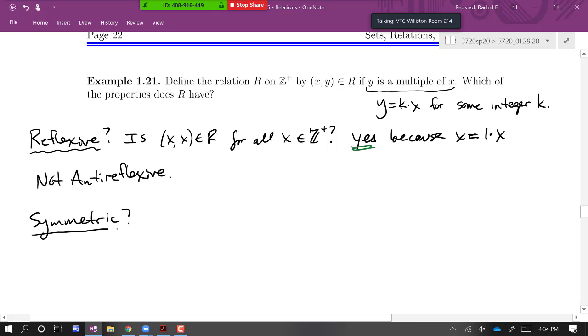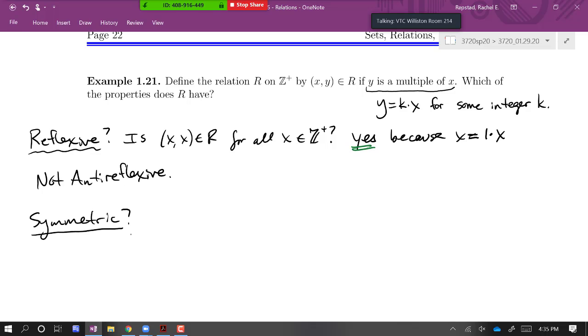So when a relation has a property, this is a really short argument, but we were able to construct an argument, yes, because x is equal to 1 times x. That covers every single positive integer, right? I didn't use an example to show it. It can be helpful to think by example to get us started, but whatever we write down, if we want to say yes, it has that property, has to apply for all infinitely many positive integers.